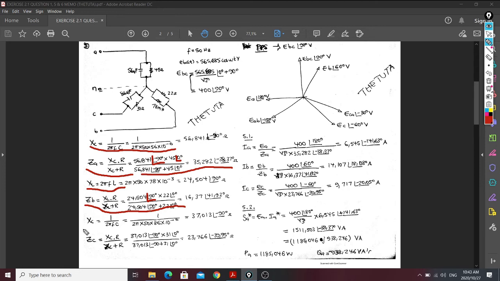So when it comes to branch C as well, we have a capacitor which we change to an impedance in ohm value, because it's only the capacitor. It's going to be always at the angle of -90, and therefore you do the parallel of the two. So after getting what's going to be your ZA, what is your ZB, what is your ZC, now you can start with the calculation. Calculations are just simple and straightforward. I know my ZA, I know my ZB, and I know my ZC.